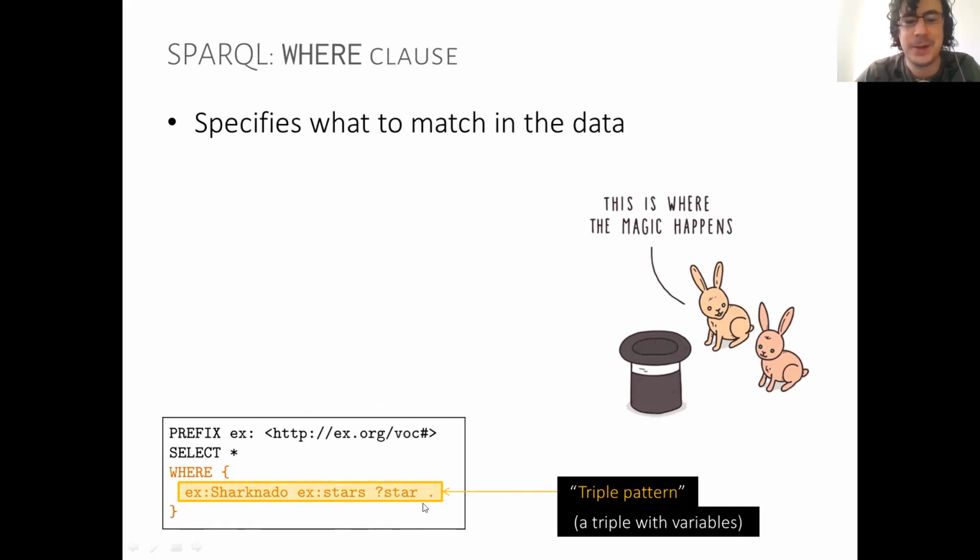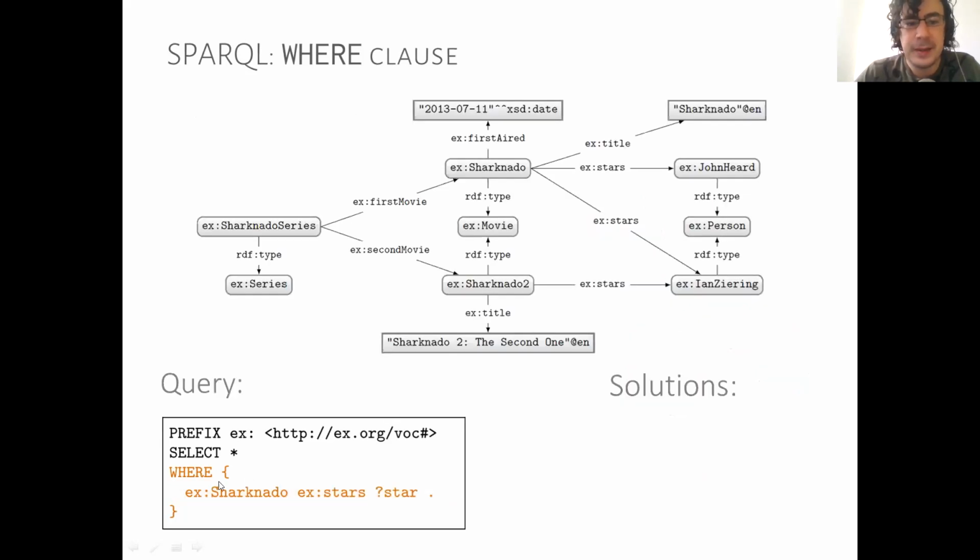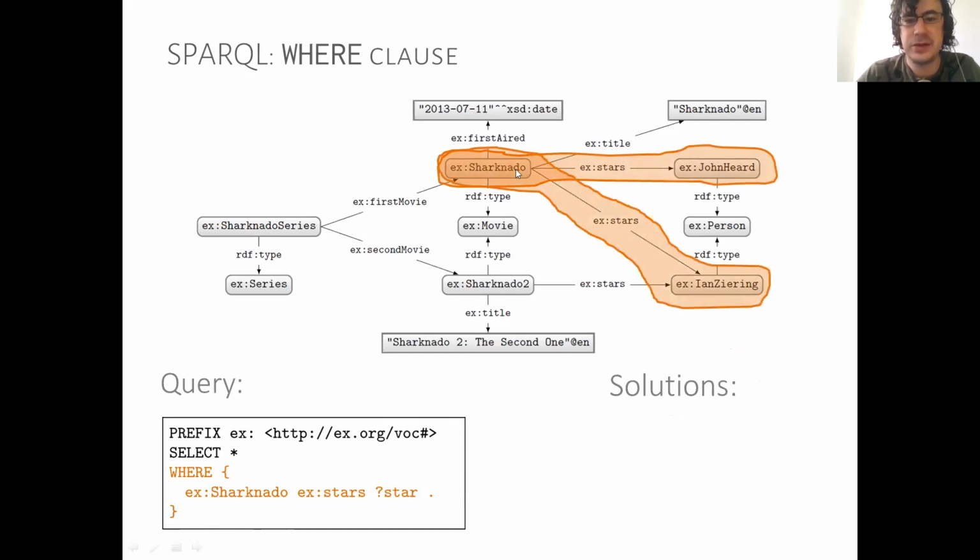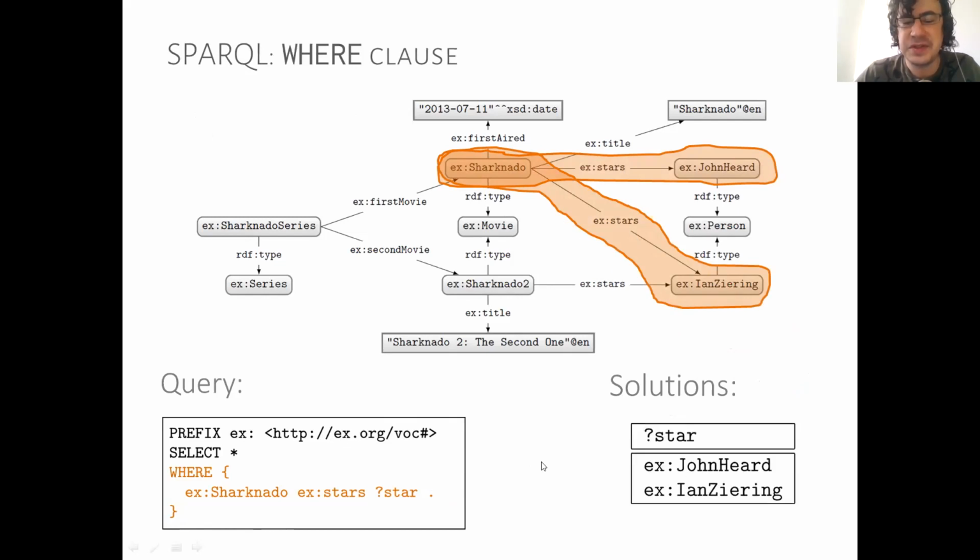We can replace any term we want with a variable, and that's intended to say match this element of the triple in the data. Here's our query again that we already saw, looking for stars of Sharknado. We see one match here, and we see another match here. We get a solution for every such match, and we return the solutions that we saw before.